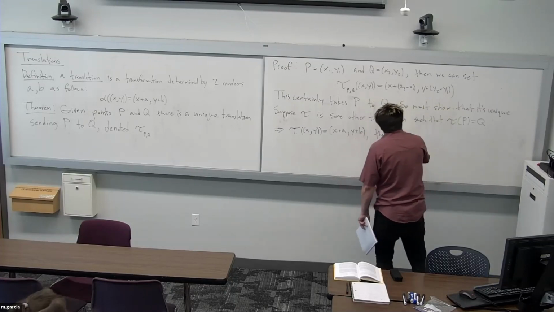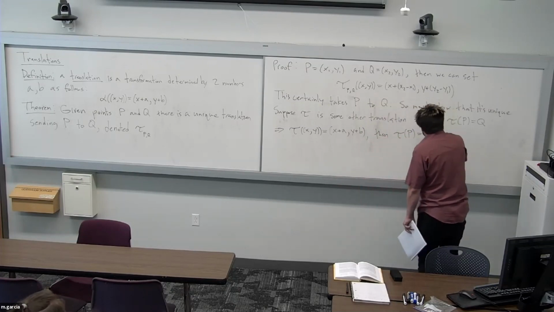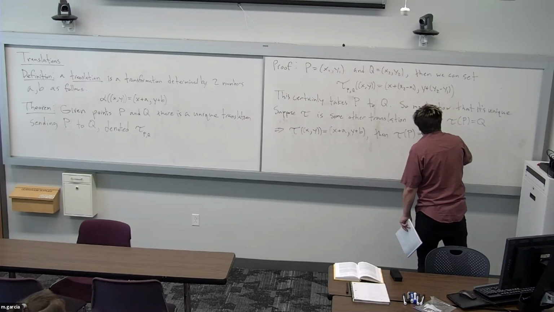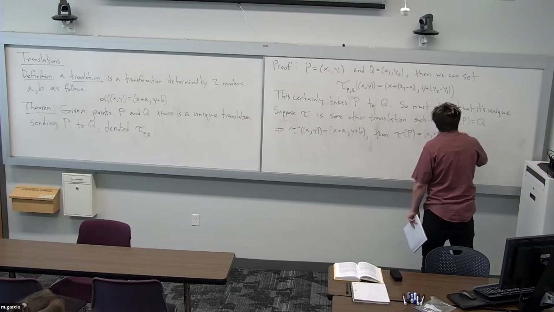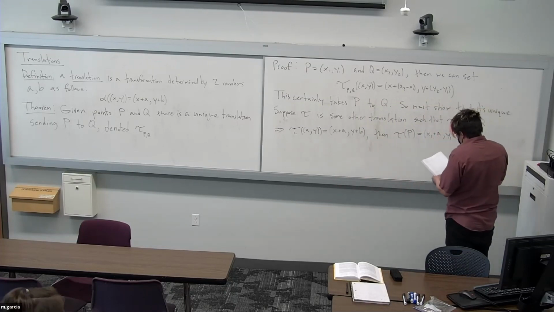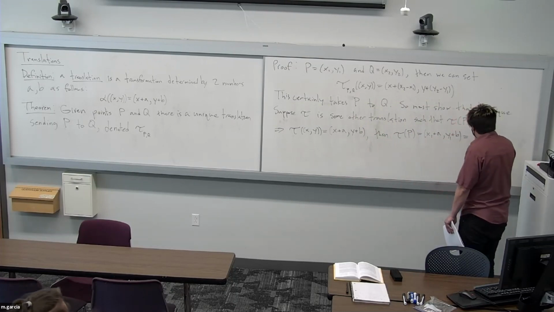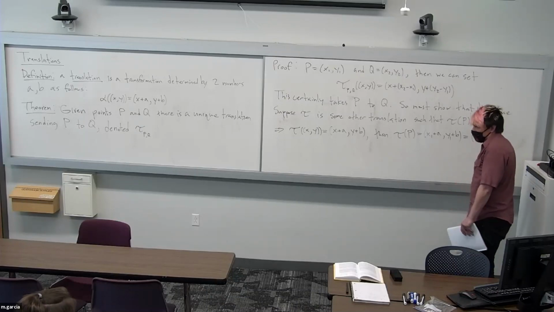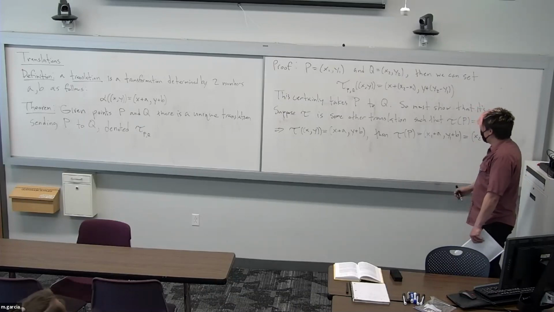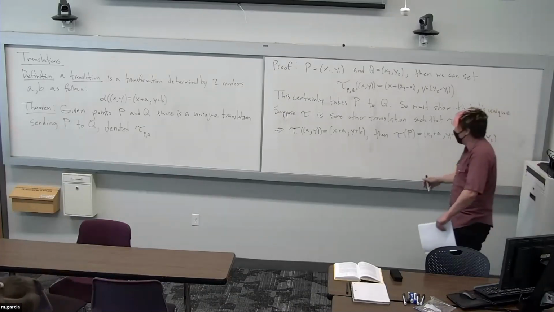Then tau of p is x1 plus a, y1 plus b. Right? And this has to be equal to q, which is just x2, y2. Okay? So whenever we have an equality of points, this is actually two equations, right?